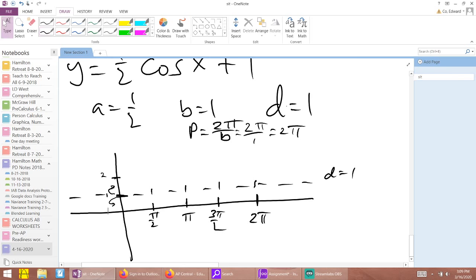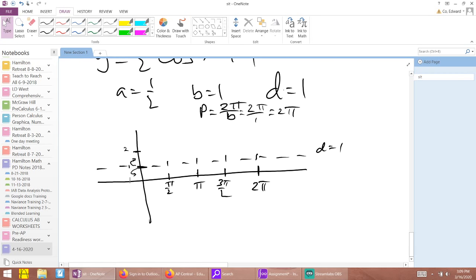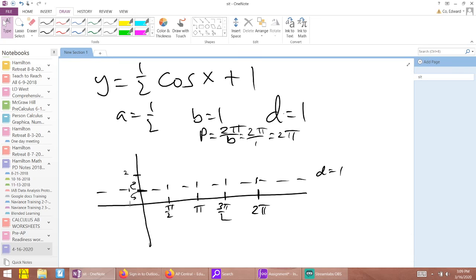So this amplitude really made this a skinny graph. So I should just draw right here. Half space up, half space down.